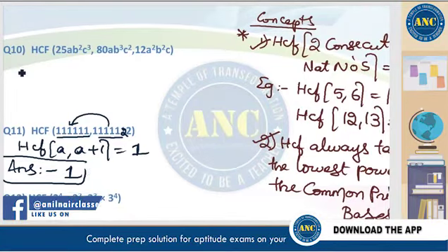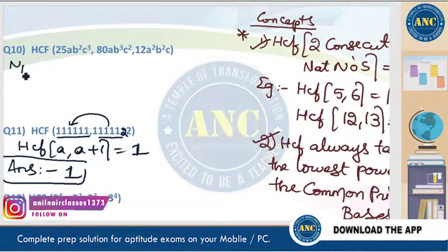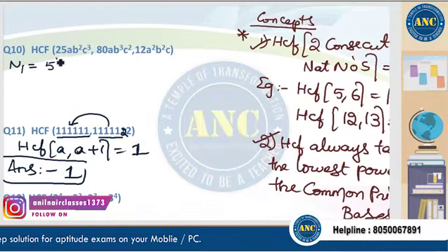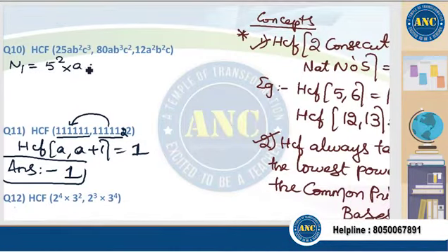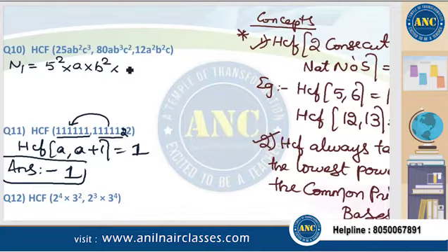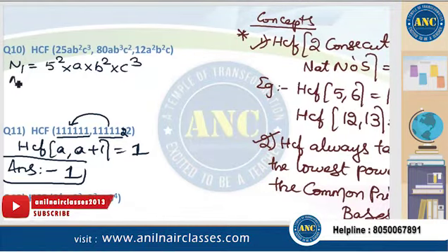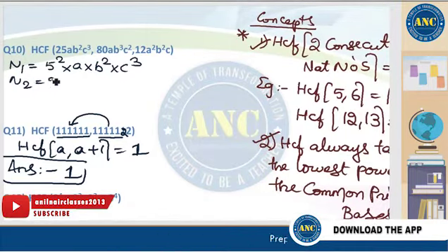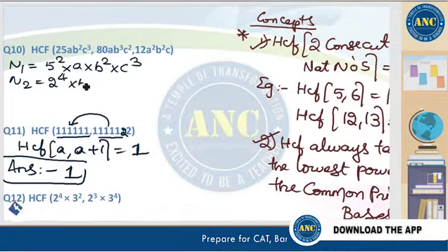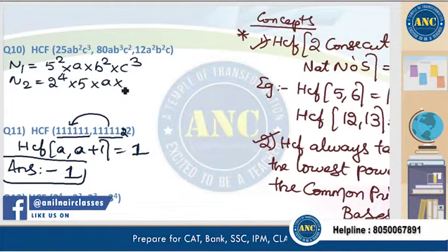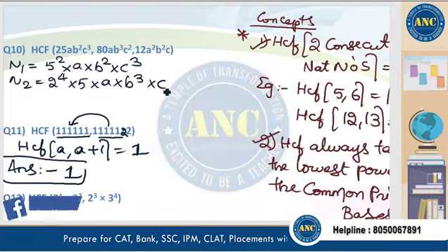Now if you see, there are 3 numbers in the 10th question. N1 is 5 square into A into B square into C cube. N2 is 2 power 4 into 5 into A into B cube into C square.